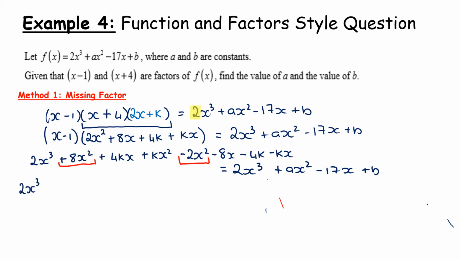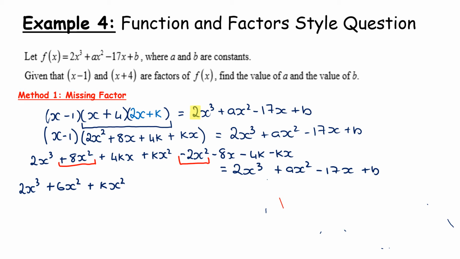So you have 2x cubed. I have 8x squared minus 2x squared, so I get plus 6x squared. I'm just going to put the plus kx squared up beside that here. I then have a plus 4kx. Oh, and I have a minus kx. Actually, I'm going to rub this out.